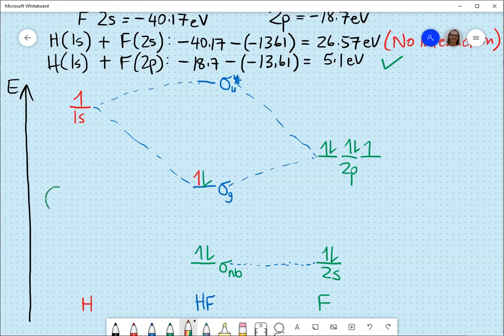So we have an s orbital, and then we have a p orbital, which I'm going to draw like this. This interaction here is constructive interference, this interaction here is destructive interference, and therefore it's a non-bonding interaction because the interference cancels out. So that's what happens here.